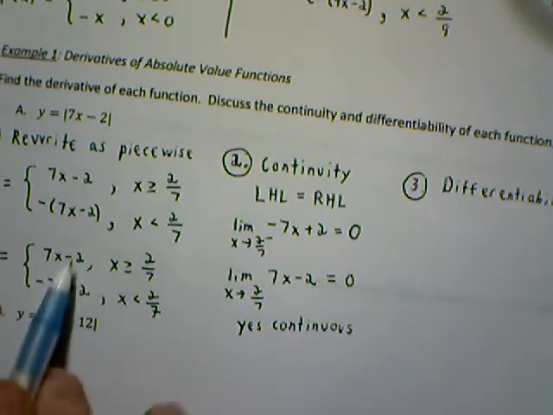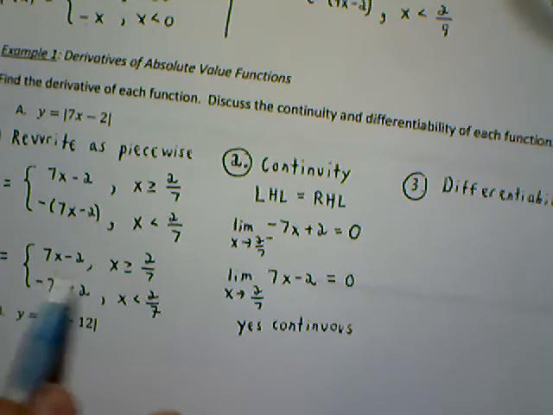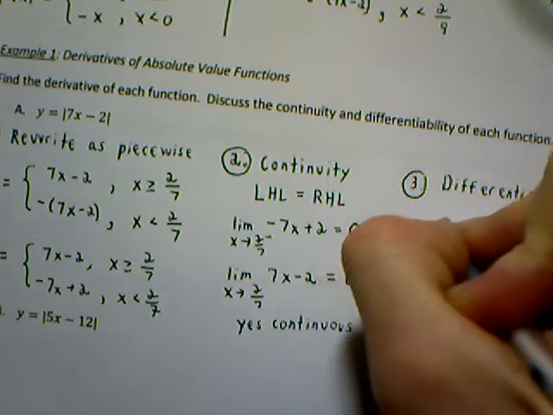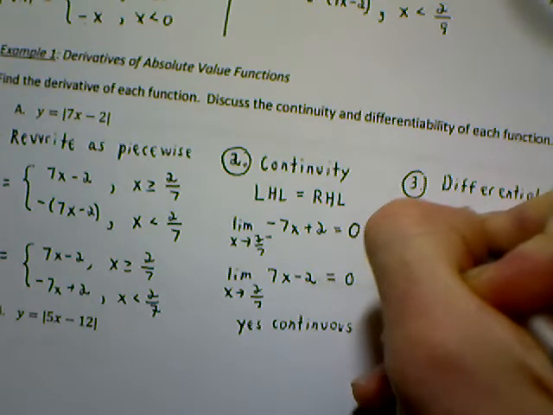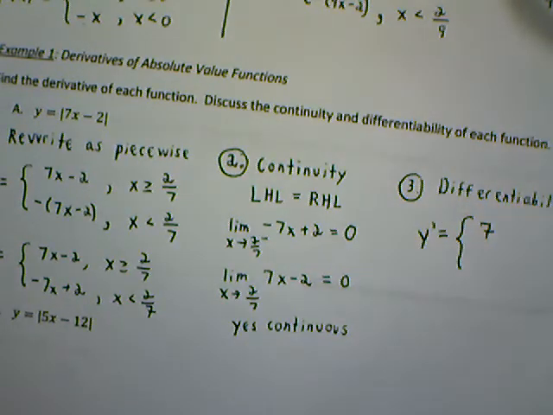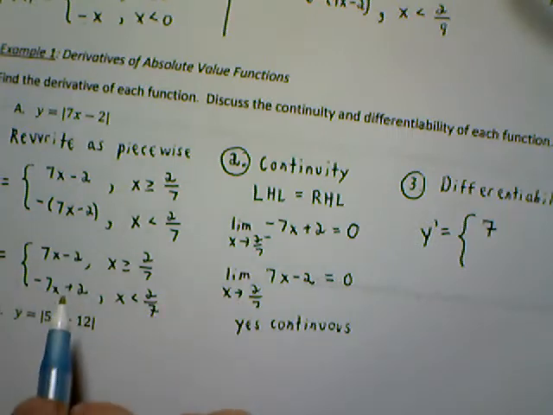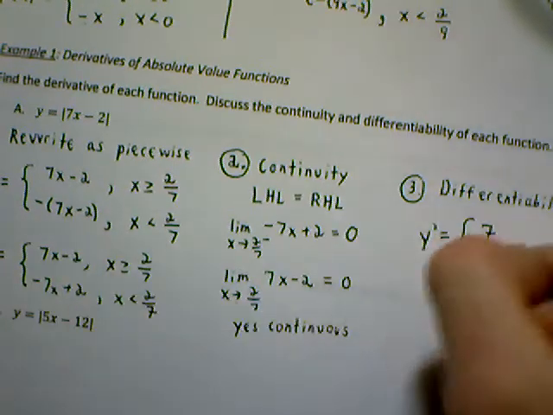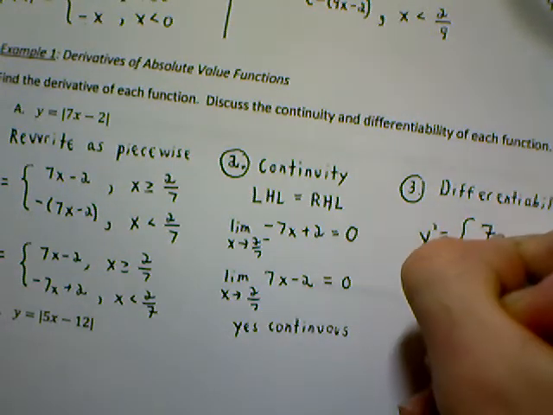All right. So when I take the derivative of my piecewise function here, the derivative of 7x minus 2 is just 7. The derivative of negative 7x plus 2 is negative 7.